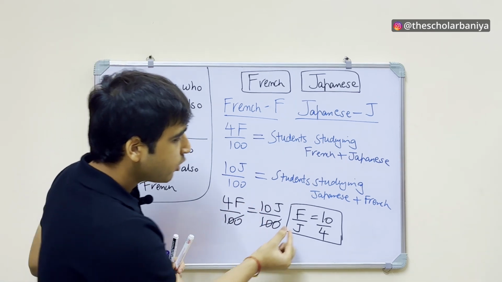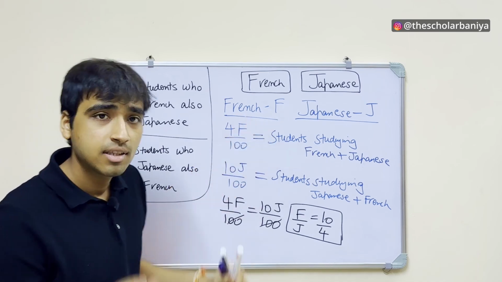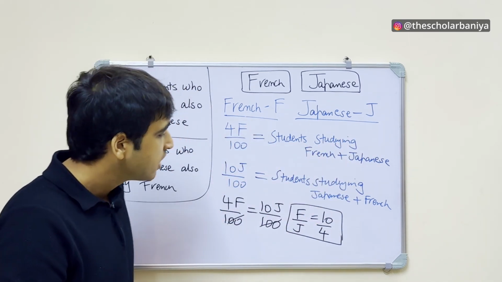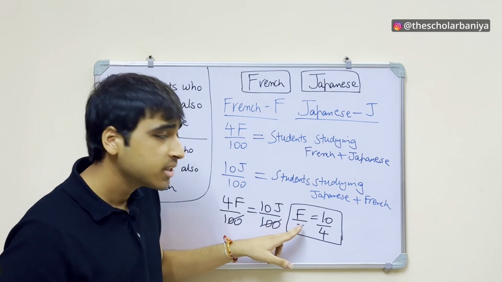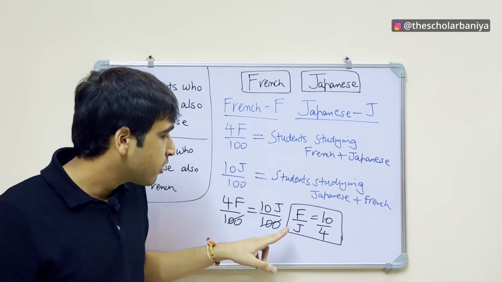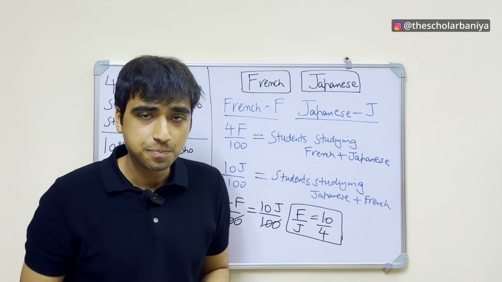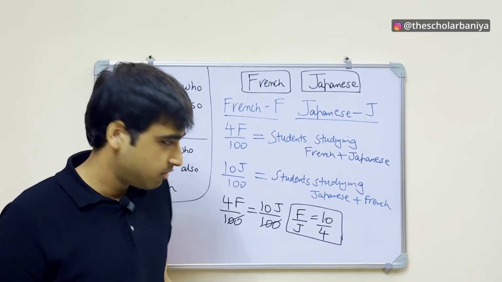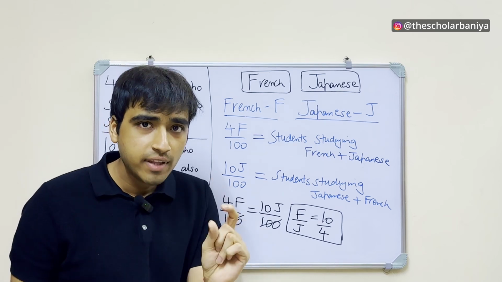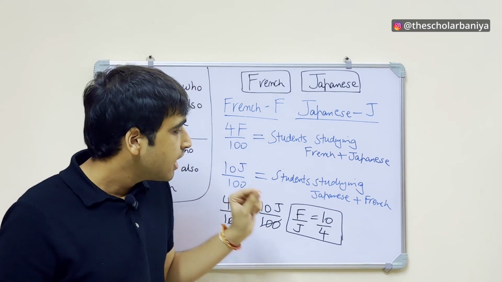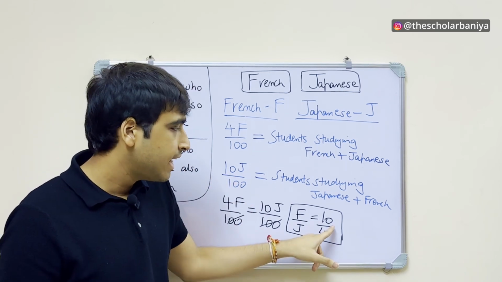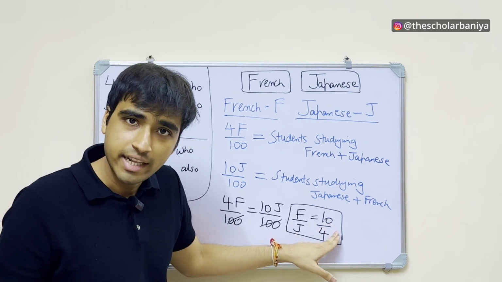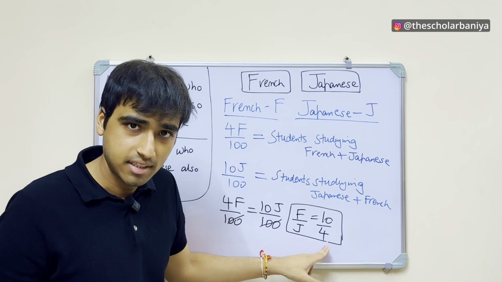What was F? The number of students studying French. And what was J? The number of students studying Japanese. So the number of students studying French upon the number studying Japanese is 10 by 4. This means if there are a total of 14 students, 10 plus 4, then 10 are studying French and 4 are studying Japanese.